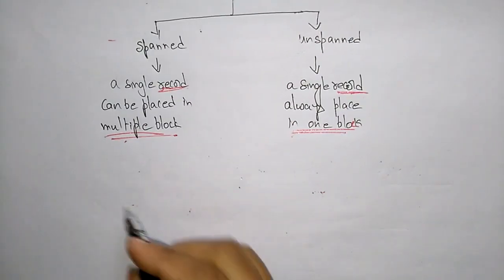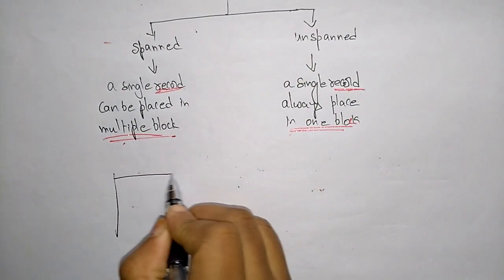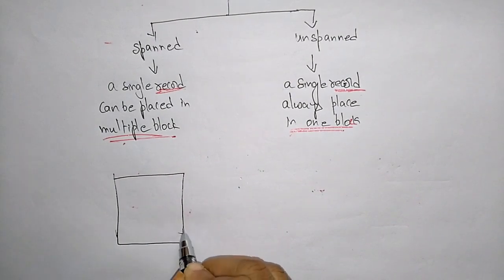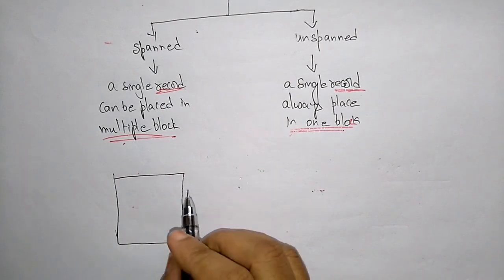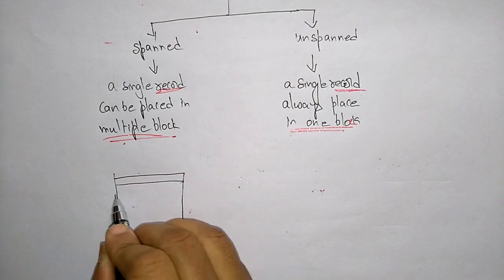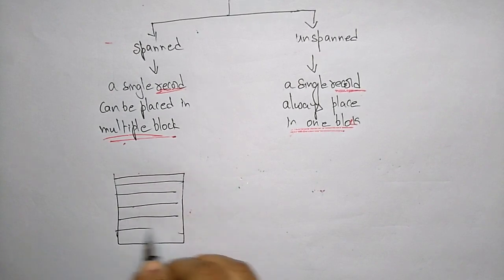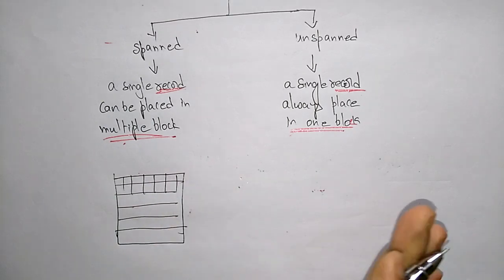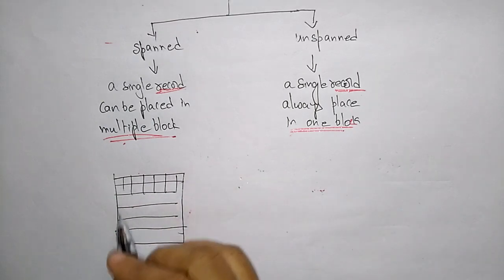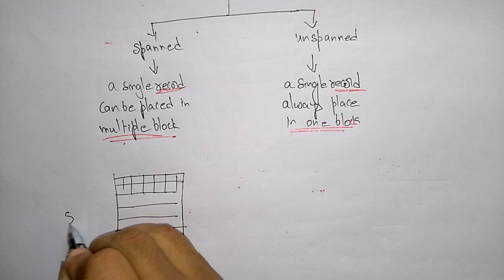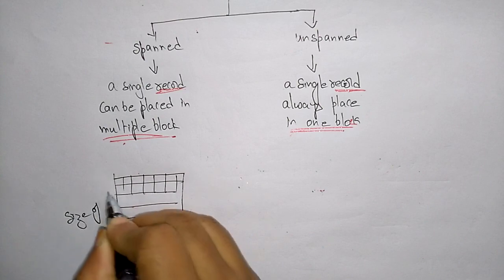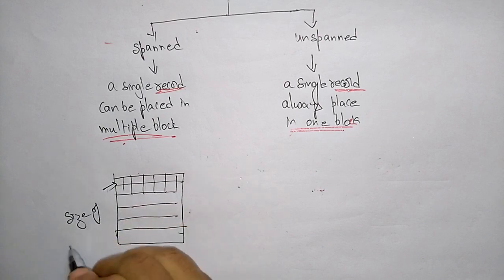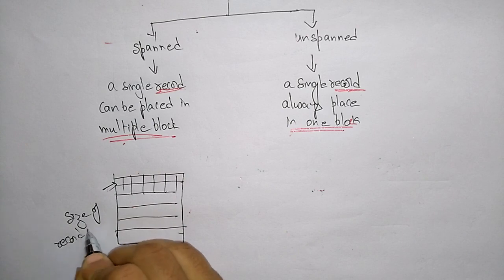Let us take a database file. A database is nothing but a collection of files. Each file has a set of records, and each record has a set of attributes. Let us take the size of a record as 3 bytes.